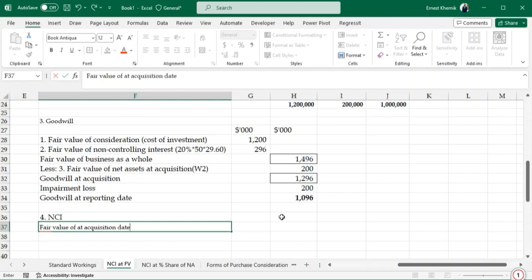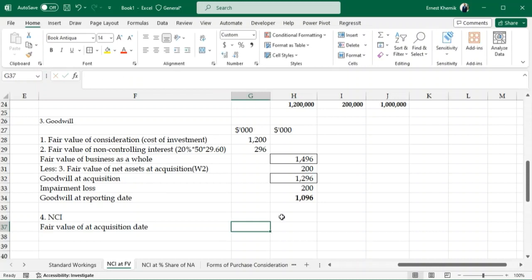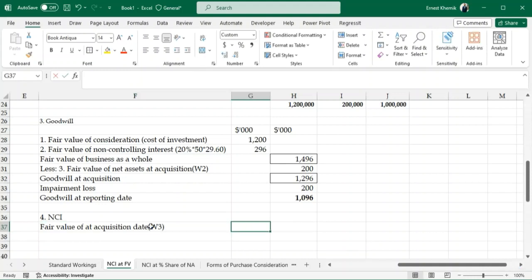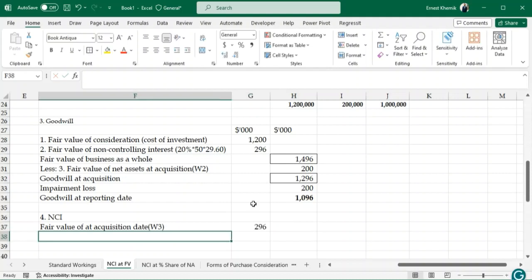Whenever I say acquisition, I'm referring to the acquisition date. What is the fair value at acquisition? This can be found in workings 3. As we can see, this value can be found right here. That is the fair value of the non-controlling interest. So we get that right from there.